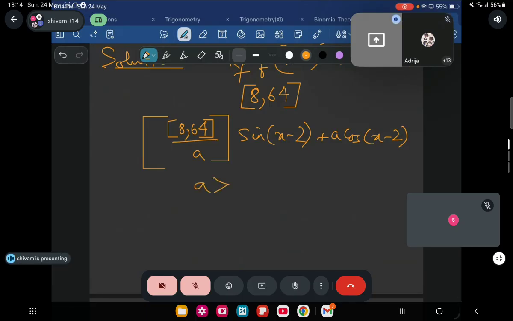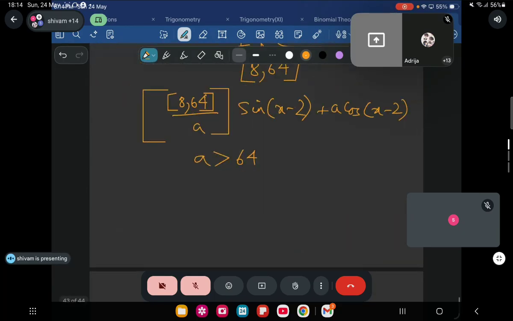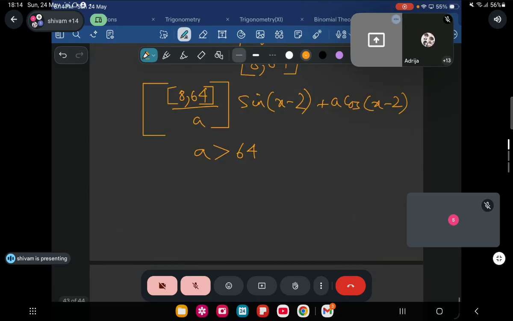Then the box function will be equal to 0. Wait, I'm checking. From here, a is greater than 64. So the whole box function will be 0, right? Yes, sir. Okay. So we have got a, then only the function is continuous.